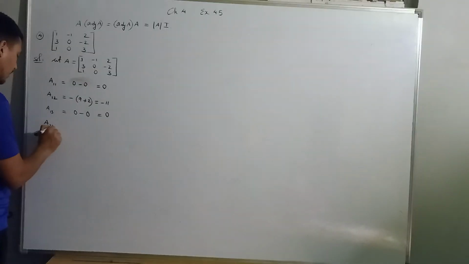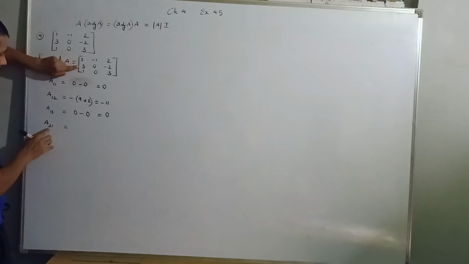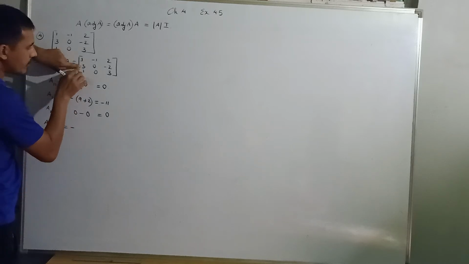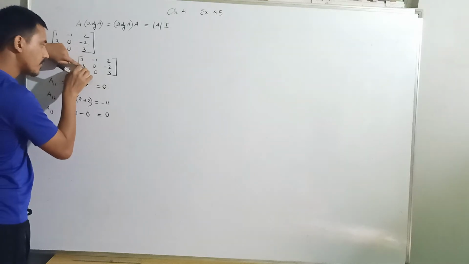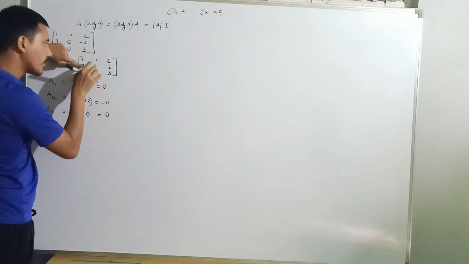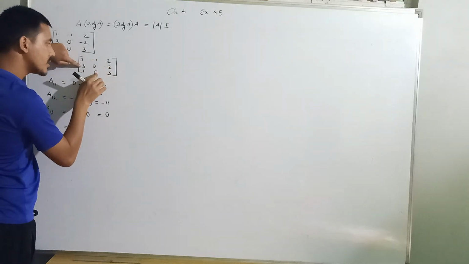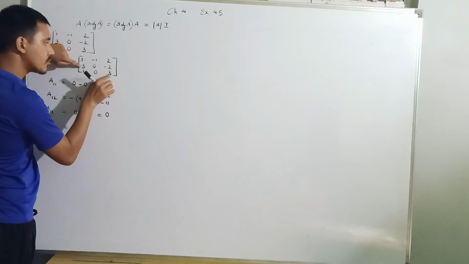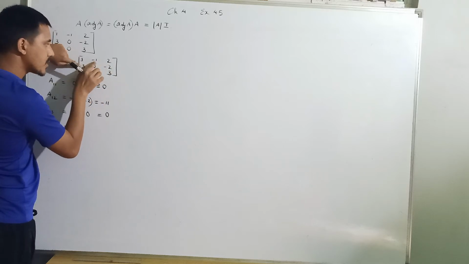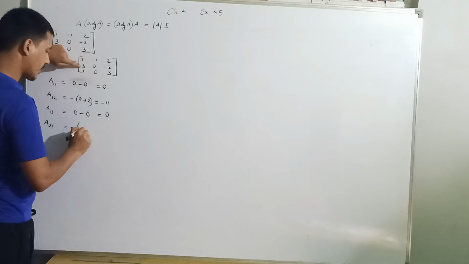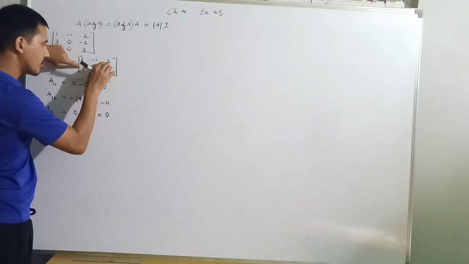Now A21: 2 plus 1 is 3, minus 1 to the power 3 is negative, and we write the minor of this element. The minor will be the determinant of minus 1, 2, 0, 3. So minus 1 into 3, minus 3, minus 0 into 2, 0.